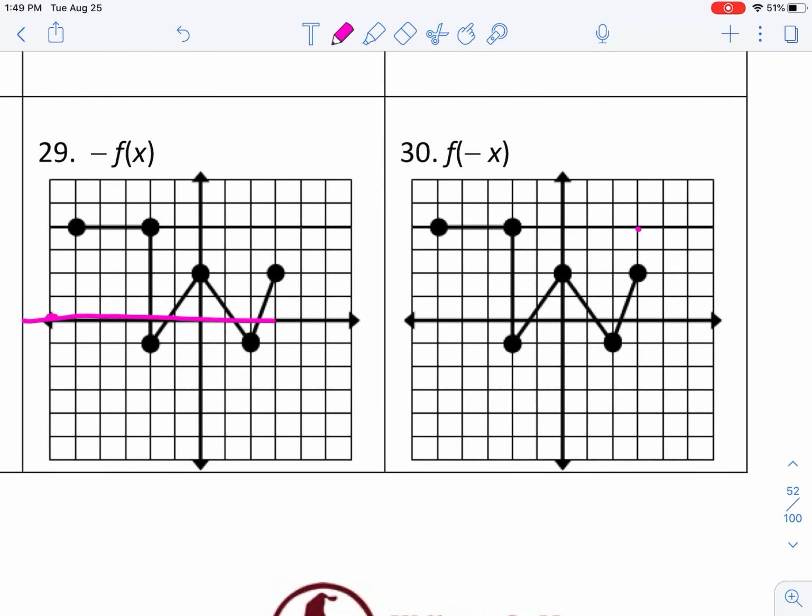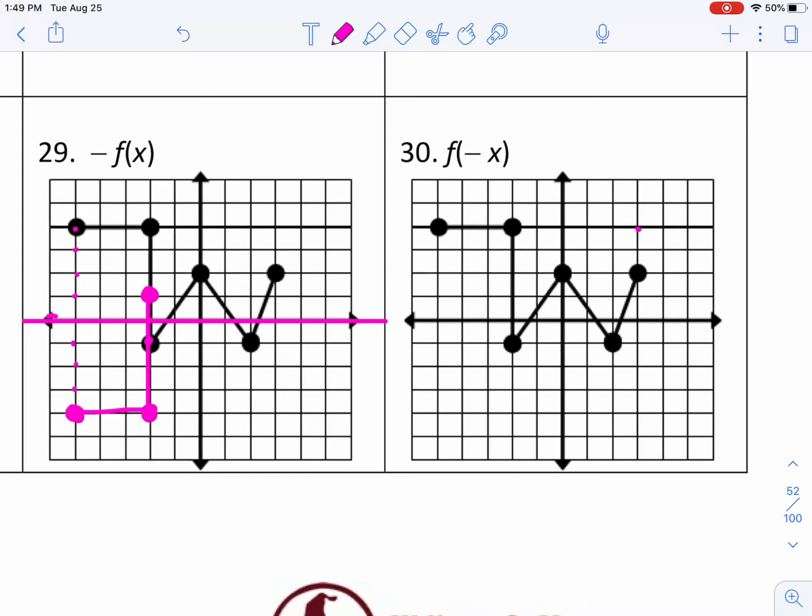So 29 is based off of this line. This is 1, 2, 3, 4 away. So I need to go 1, 2, 3, 4 away on the opposite side. This one's 1 away. I need to go 1 away on the opposite side.